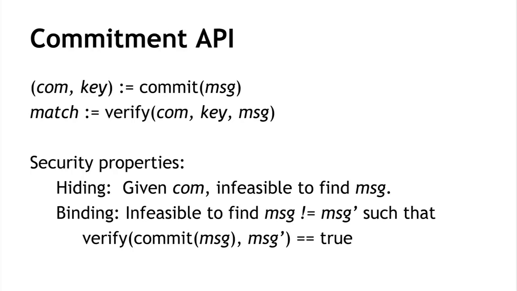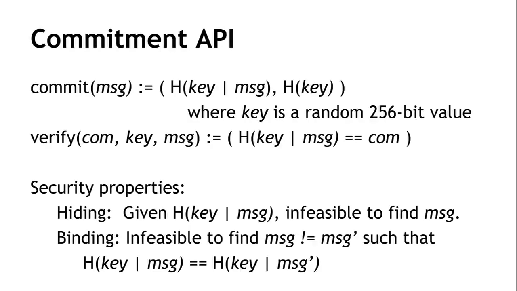Well, first we need to talk about how we're going to actually implement commitments. In order to commit to a value message, we're going to generate a random 256-bit value and call it the key. Then, as the commitment, we return the hash of the key concatenated with the message, and as the key value, we return the key.